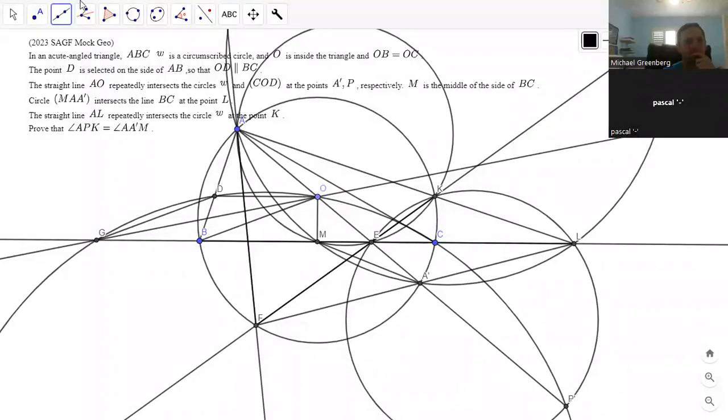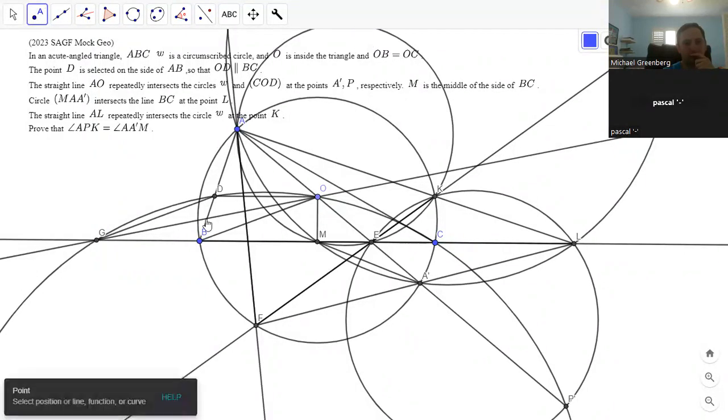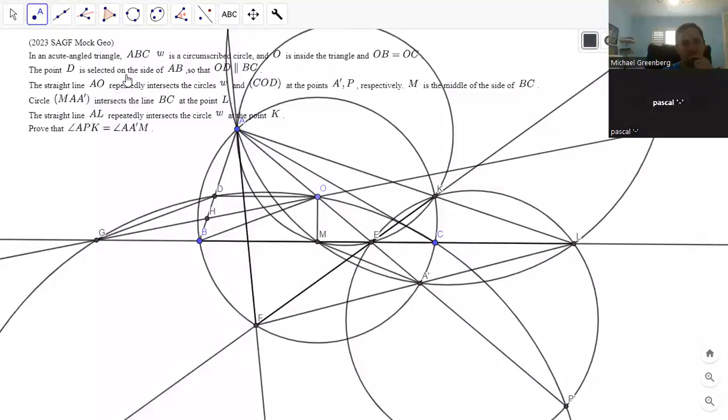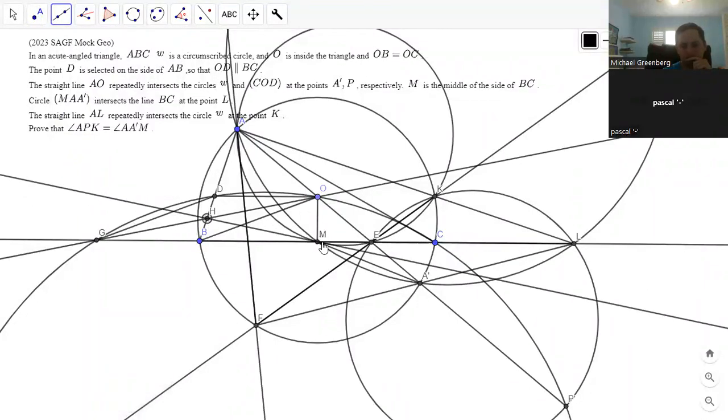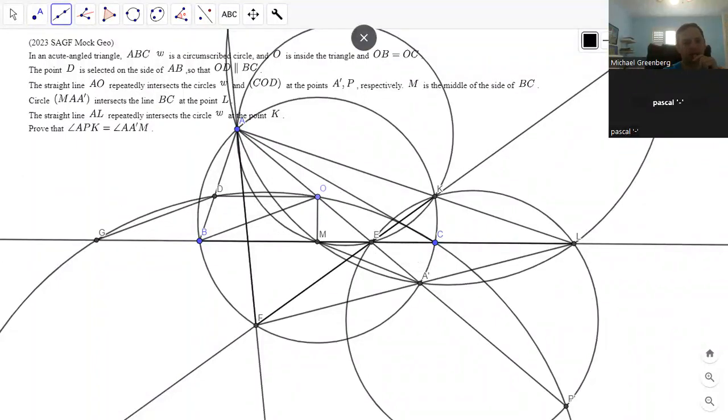So, and M is the midpoint of BC. So MH is going to be parallel to DC. Yeah, I don't know what I'm doing.